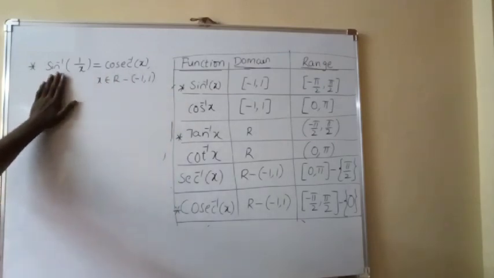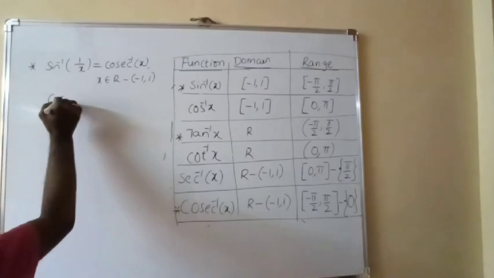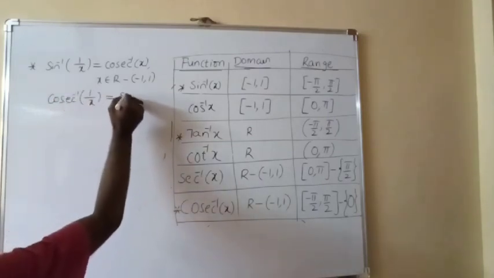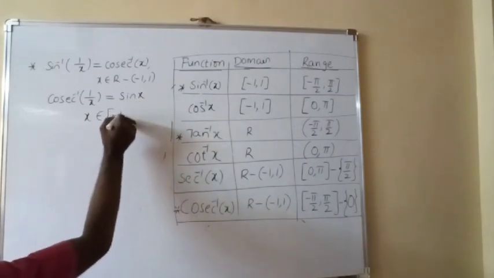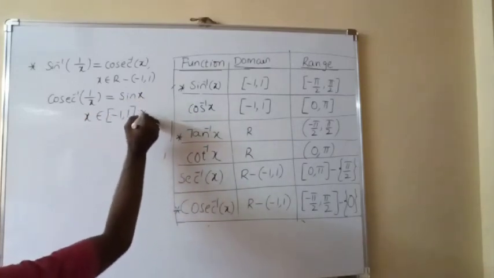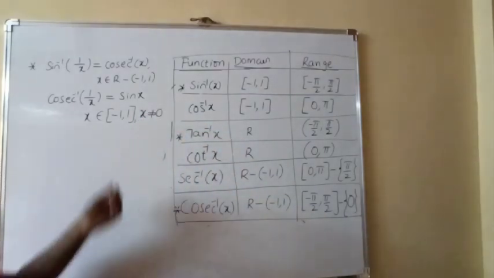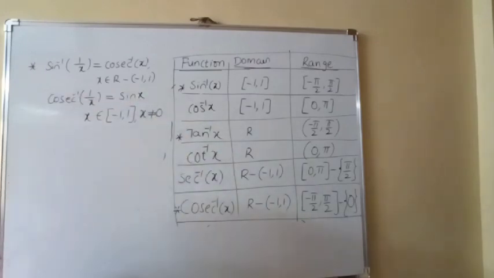That is why sine inverse 1 by x and cosecant inverse x are identical functions, whereas cosecant inverse 1 by x is equal to what? Sine inverse x only when x belongs to closed interval minus 1 comma 1 but x not equal to 0. So only if x takes these values, then these two functions are equal.